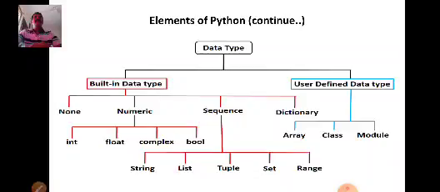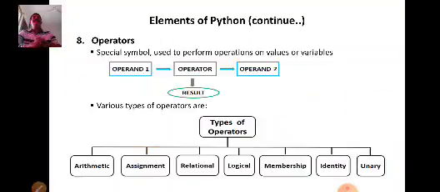Bool is a special variable inside the Python program. Under sequence, it represents string, list, tuple, set and range. Then under user defined data types, there are arrays, classes and modules.